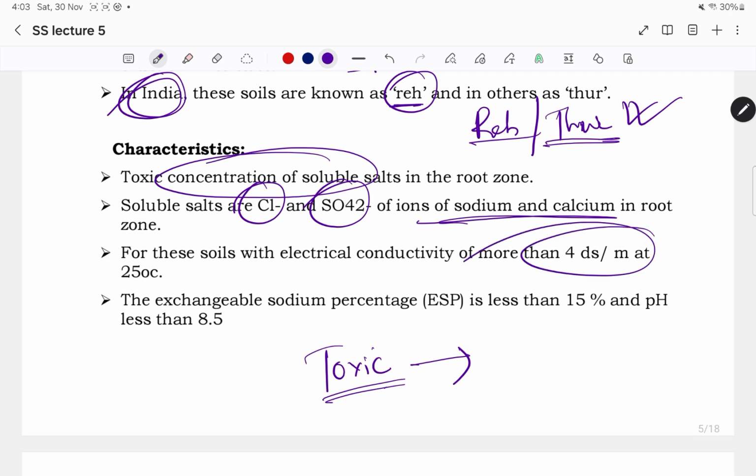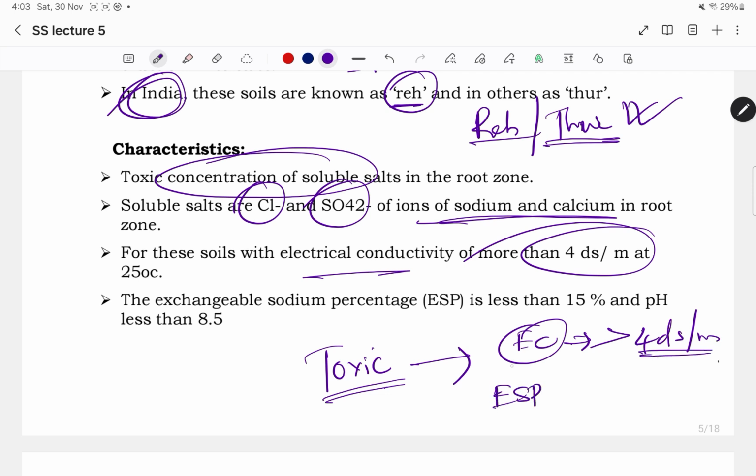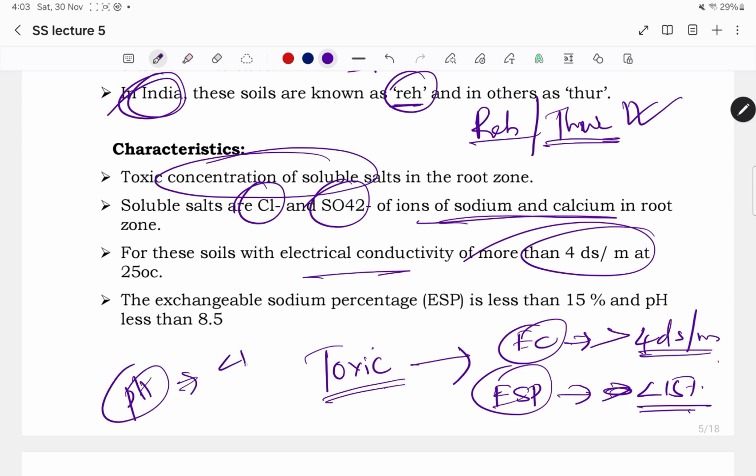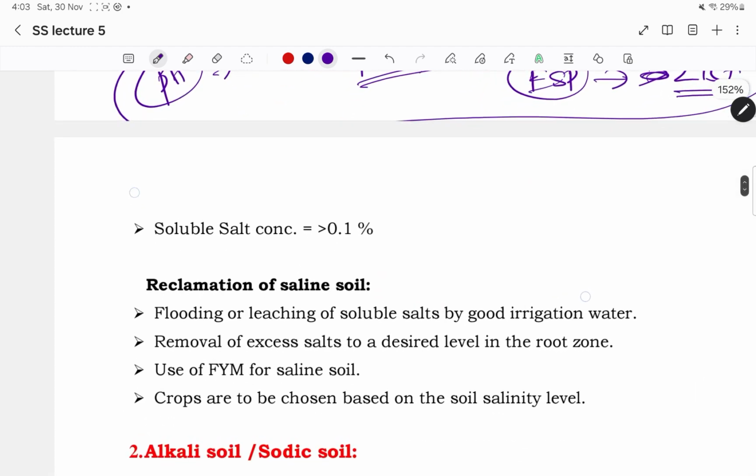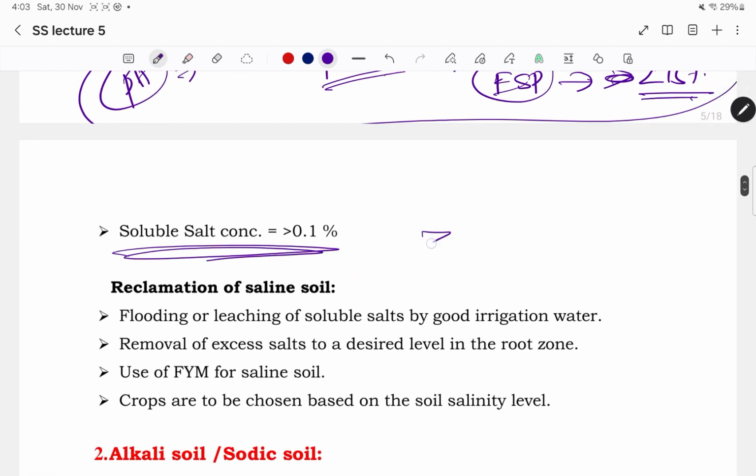In saline soil, the electrical conductivity is more than 4 decisiemens per meter, and the exchangeable sodium percentage is less than 15%. And the pH we already know, it is less than 8.5. You remember these three characters. These are the important characters. And the soluble salt concentration is more than 0.1%.